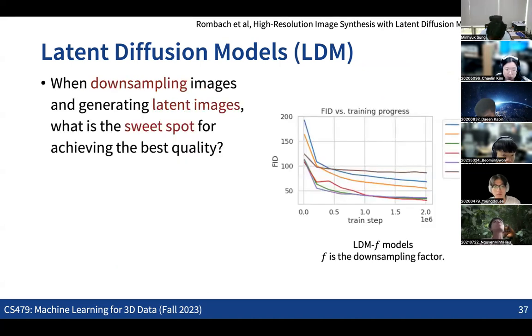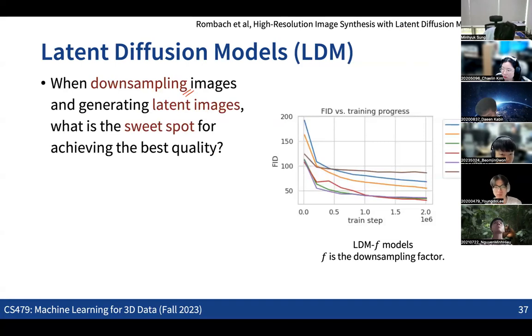People also experimented with different downsampling cases. As I said, the downsampling here is not just decreasing the resolution of the images, but mapping the images into lower resolution latent images.